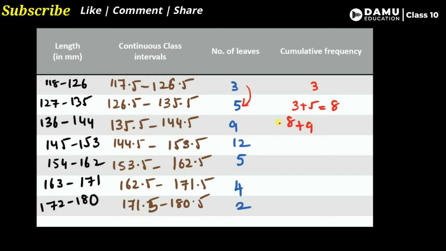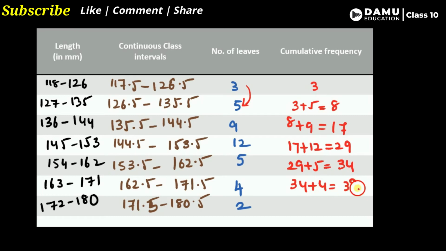Then 8 plus 9 gives 17. Then 17 plus 12 we will get 29. Then 29 plus 5 we will get 34. 34 plus 4 we will get 38. Then 38 plus 2 we will get 40.